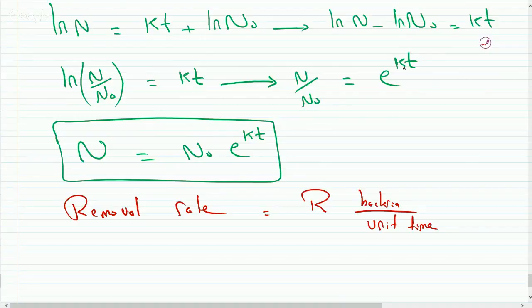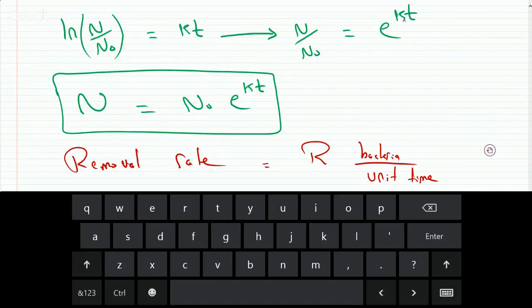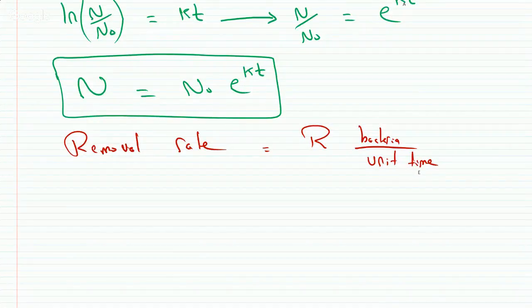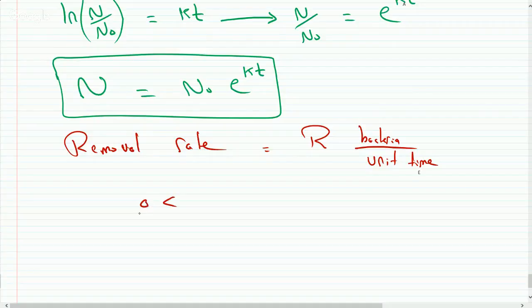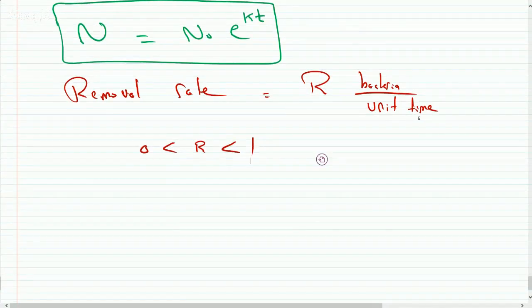Of course r has to be between 0 and 1, you can't remove more than what you have, and less than 1, because at 1, it's what you have. 0 is nothing, you're not removing anything.